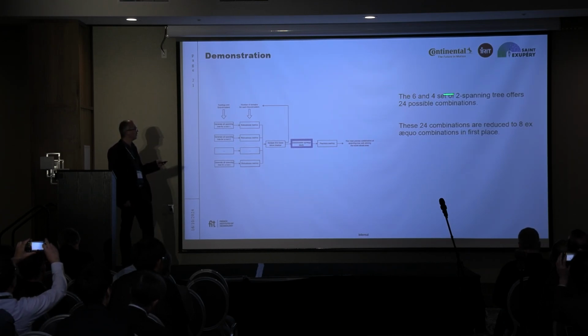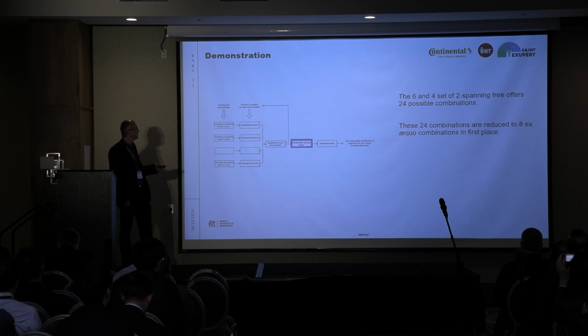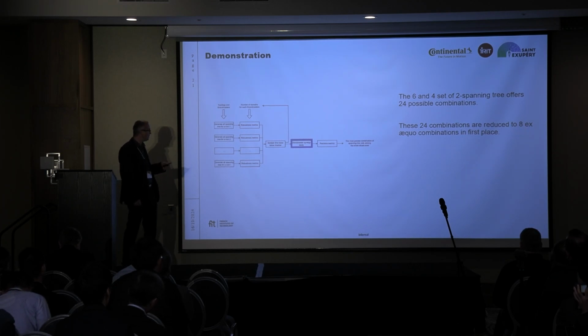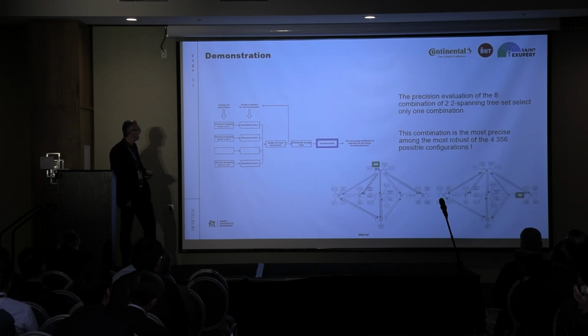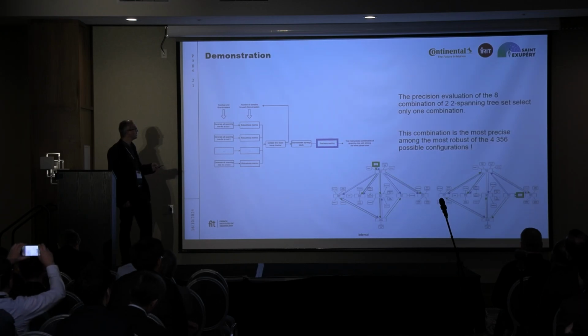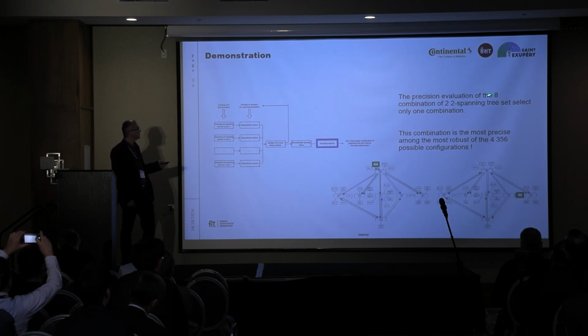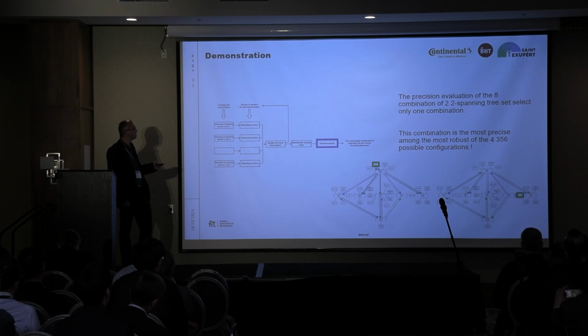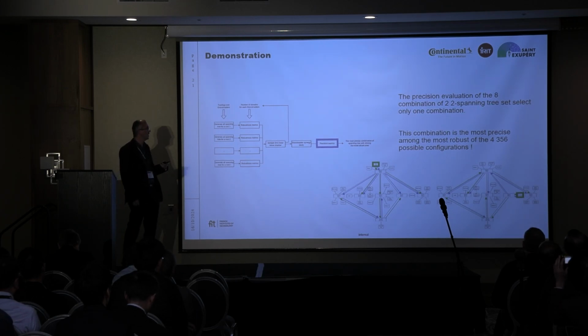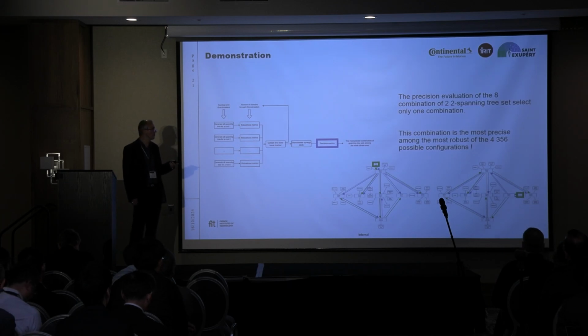Looking at those possible combinations, we have 24 possible combinations. And with the metrics or the impact methods we have shown before, we reduce that number down to 8 exact combinations. In the precision metrics, we then evaluate the remaining 8 combinations. And in our case, only one combination shows the absolute lowest value.